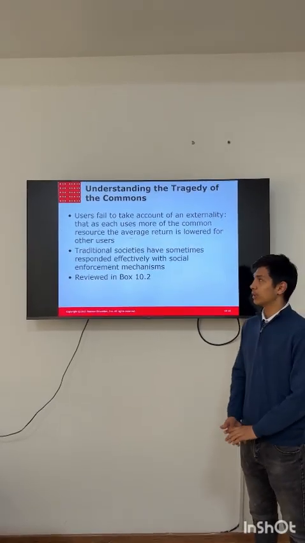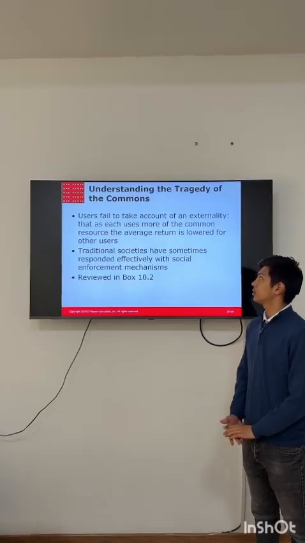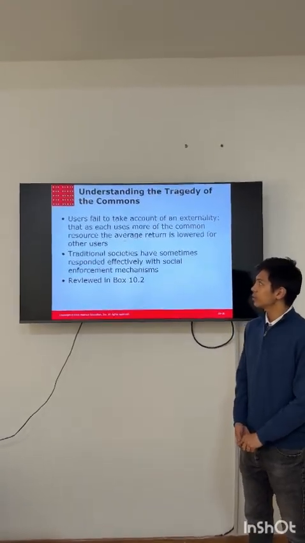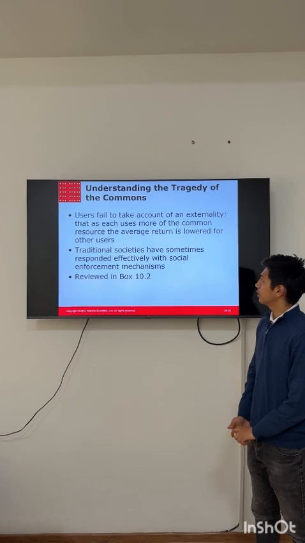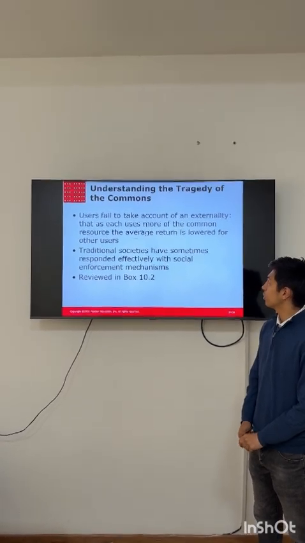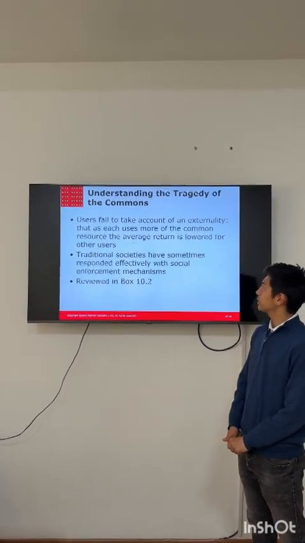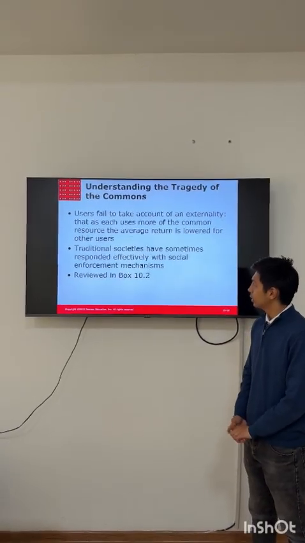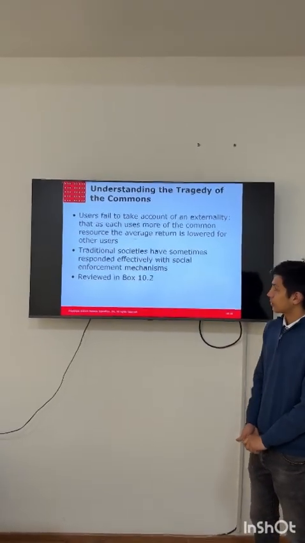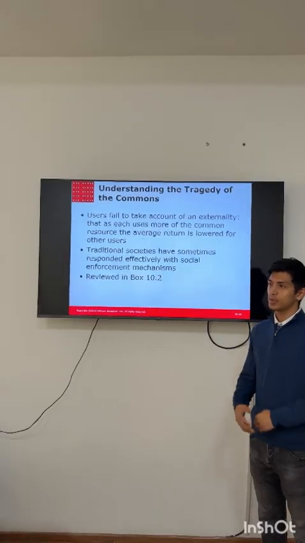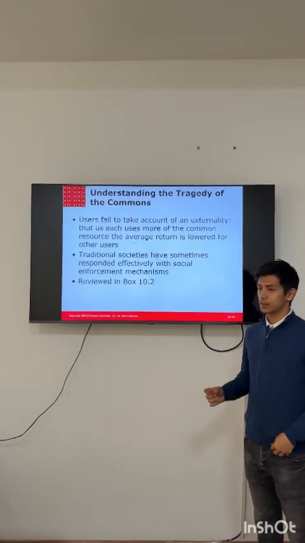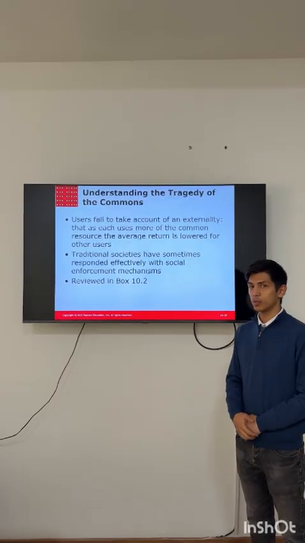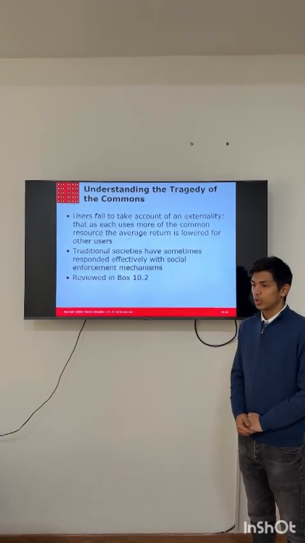And we can also continue with understanding the tragedy of the commons. What does it mean? The users fail to take account of an externality: as each uses more of the common resource, the average return is lowered for other users. It means that little things in pollution can cause big damage to the environment.